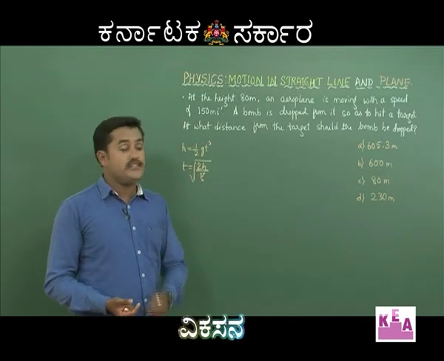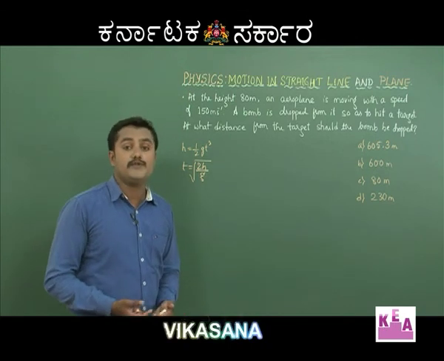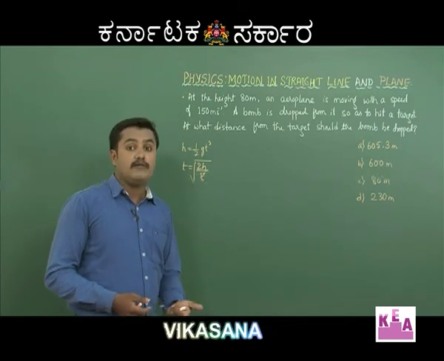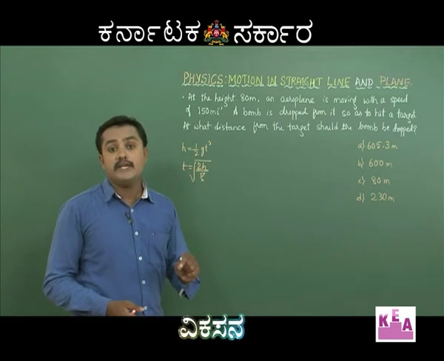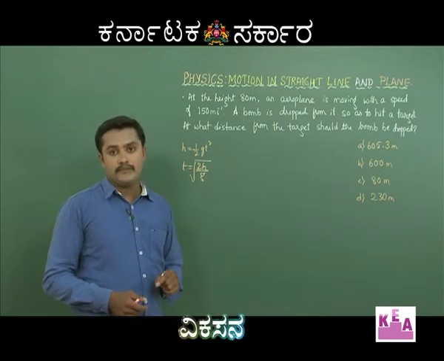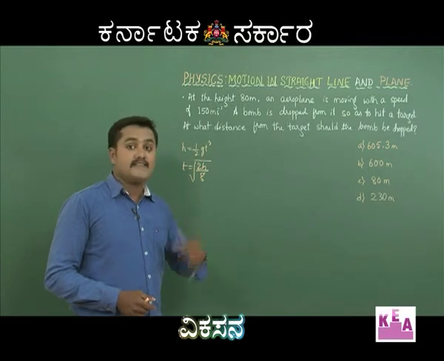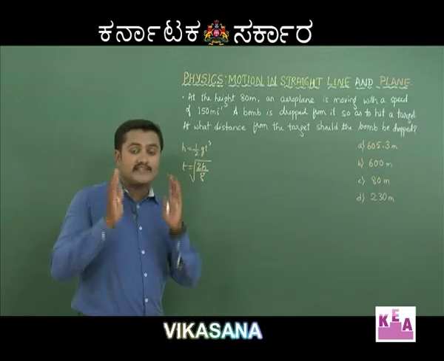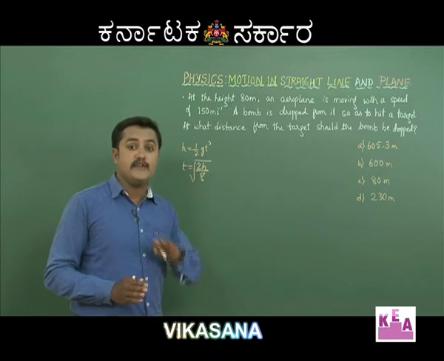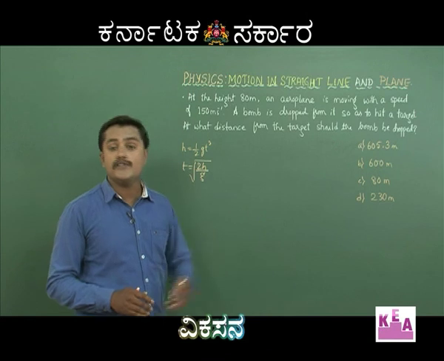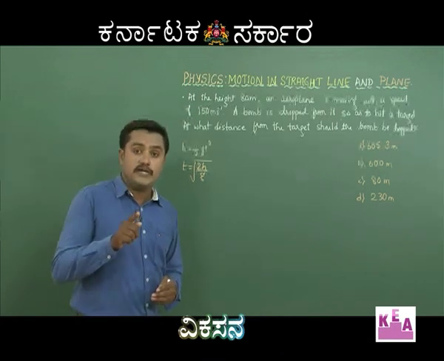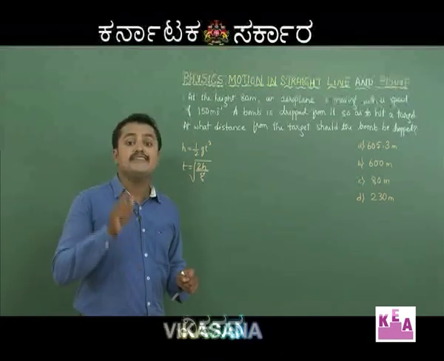But what about the second stone, which is thrown with a great horizontal velocity? In spite of giving it a large horizontal velocity, its vertical velocity is 0. Because while discussing projectile motion, you should ask yourself whether you are discussing the horizontal motion or the vertical motion. You have given a large horizontal velocity, but the vertical velocity of this stone is 0.